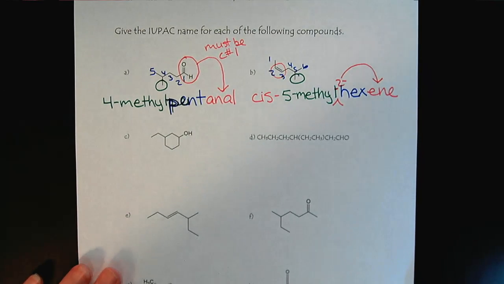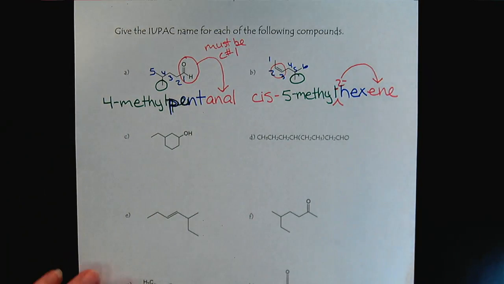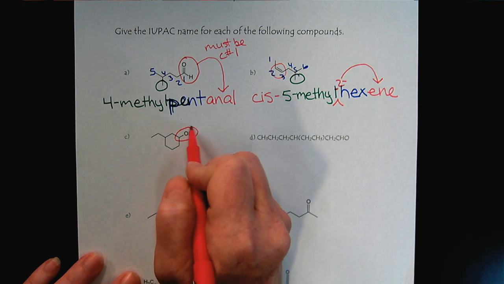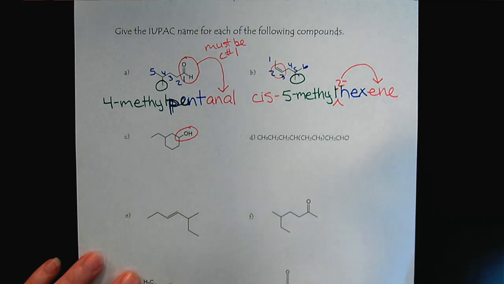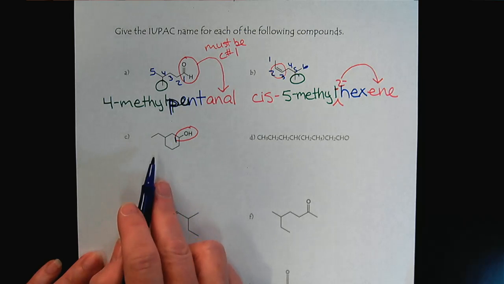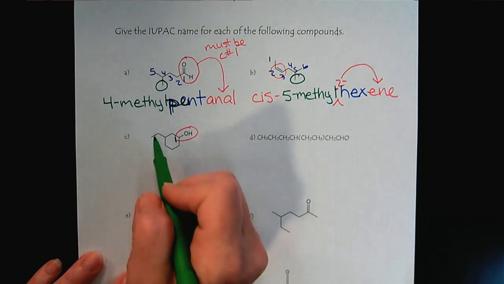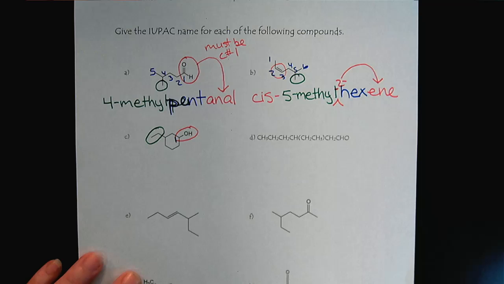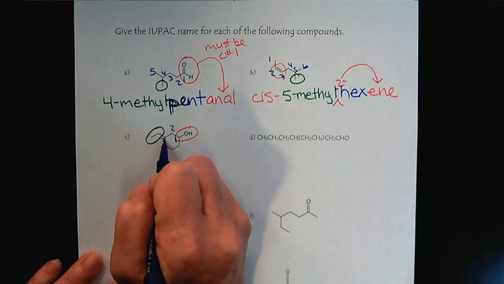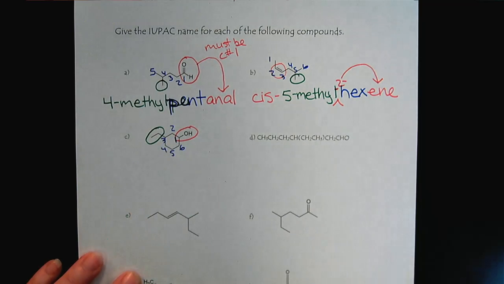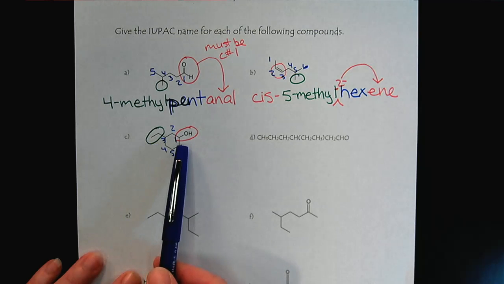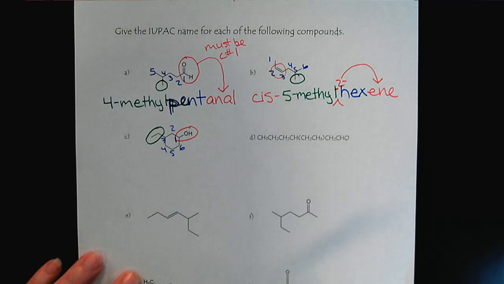All righty, practice makes perfect. So let's keep going. Here is our highest ranking functional group. On a ring, we know it's always going to get the 1 position. We're going to number our ring to give this ethyl branch here the lowest possible number. So we'll number counterclockwise. Okay, in this case, we weren't shown any wedges or dashes, so this could be cis or trans, but nobody told us. So we'll just go with what we have.